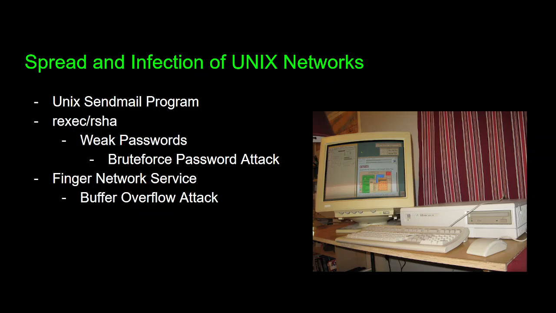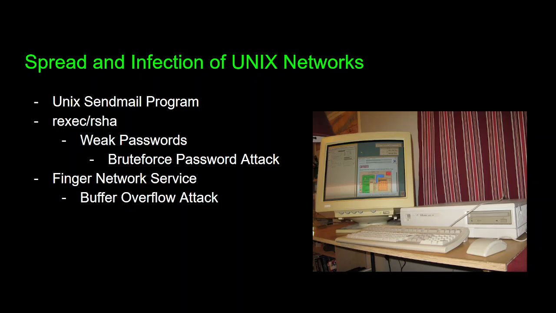So what the Morris worm did was it infected Unix-based machines and used vulnerabilities on those machines to spread throughout various networks on the internet.